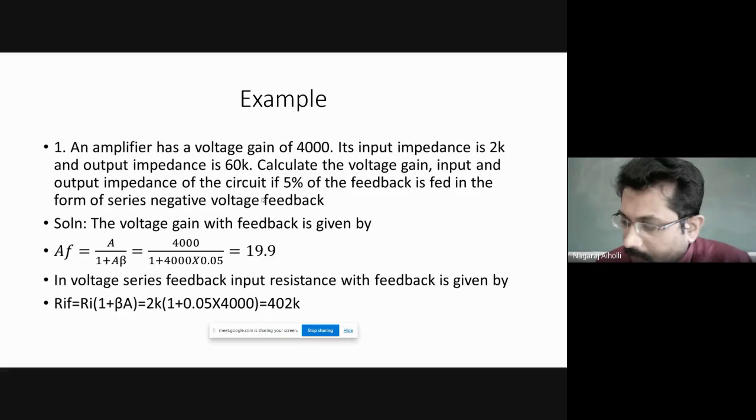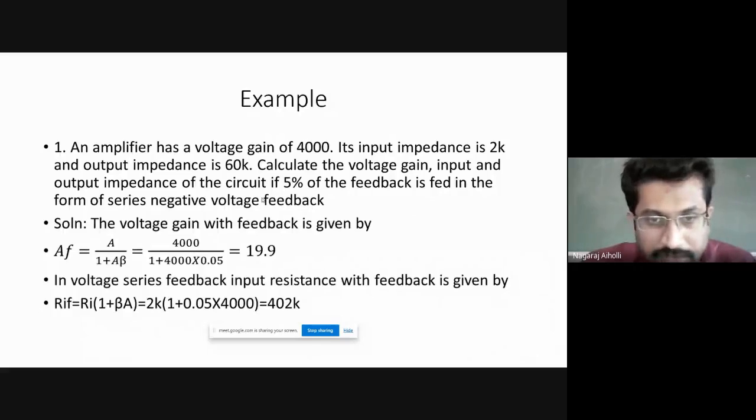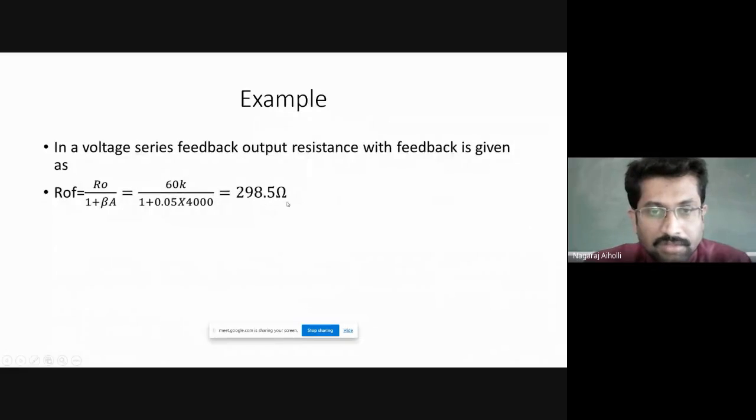That divided by 1 plus 0.05 into 4000. How much you are getting? What is the answer? Just check. So answer is 298.5 ohms. Just check your answer. 298.5 ohms. Are you getting this much? 298.5.